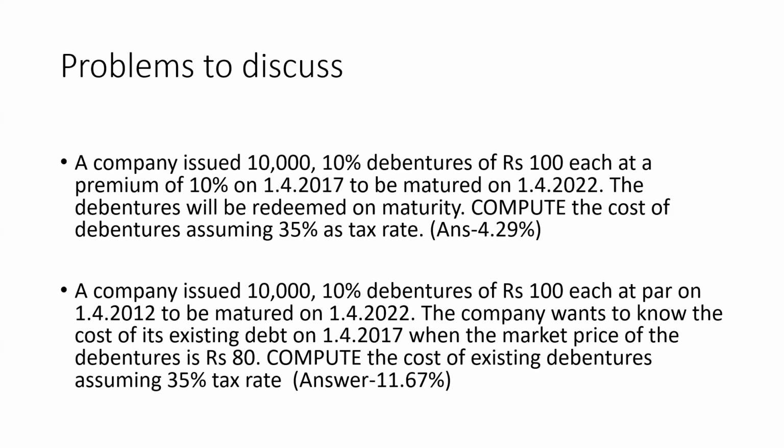Now we'll do questions one by one. In question number one, it is given that the company has issued 10,000 10% debentures. 10% is the interest rate. Face value will always be 100, so your interest would be 10 rupees. The debenture is issued at a premium of 10%.